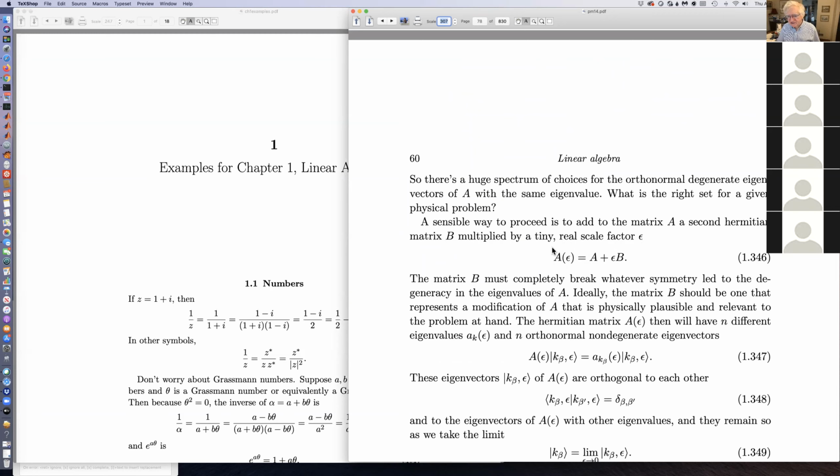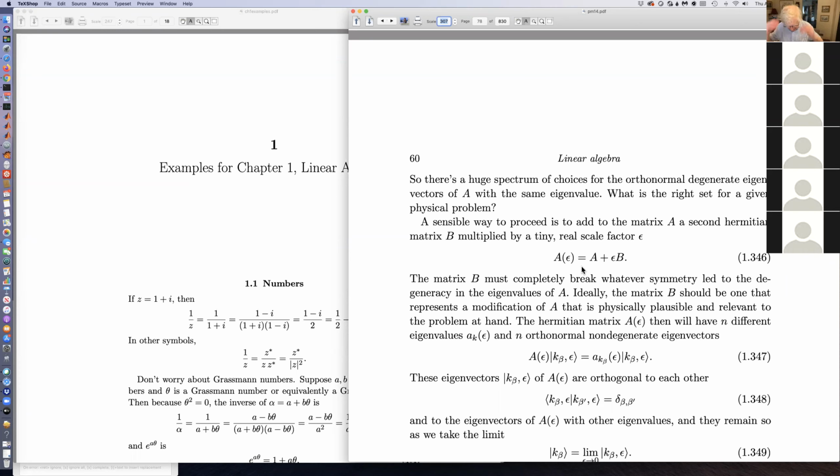So now we consider a slightly different matrix A plus epsilon B, and we choose B so that it completely breaks whatever symmetry led to the degeneracy of the eigenvalues of A. Of course, you want B to be Hermitian and to represent a relevant physical observable.